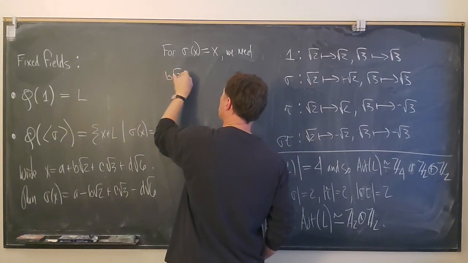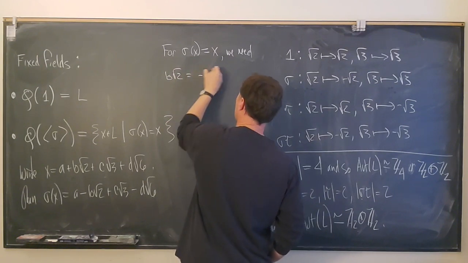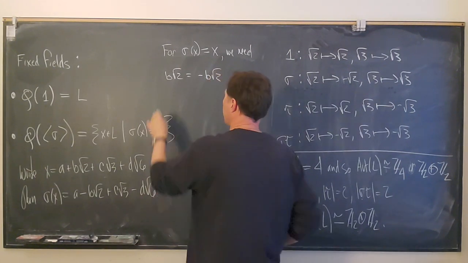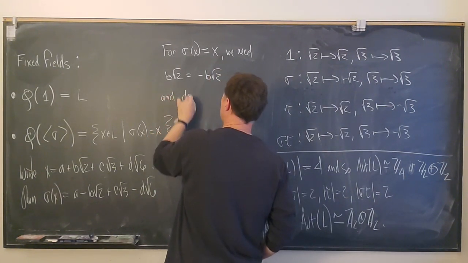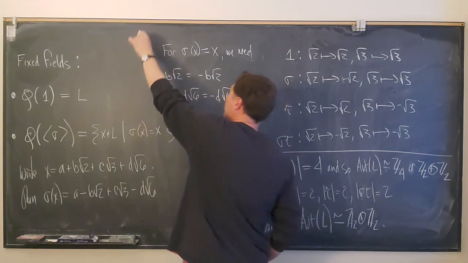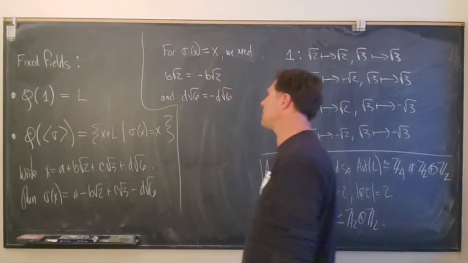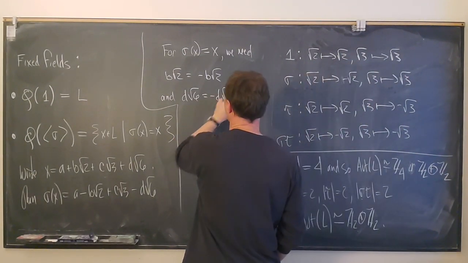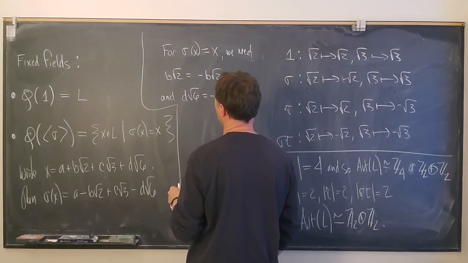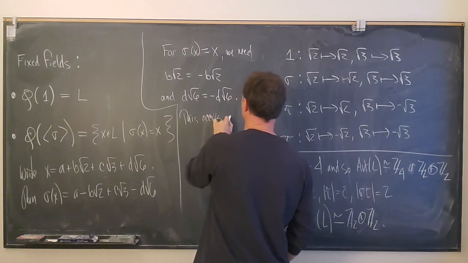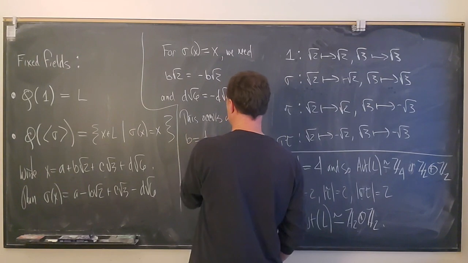Also, we would need d root 6 equal to minus d root 6. Now, how is that possible? Well, that would mean that b has to equal 0 and d has to equal 0. So we can say this occurs only when b equals d equals 0.